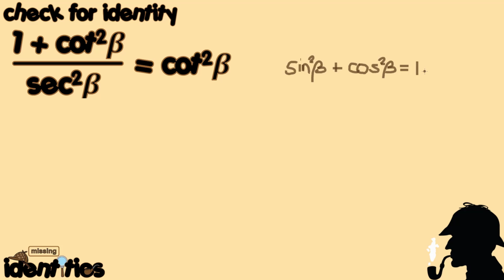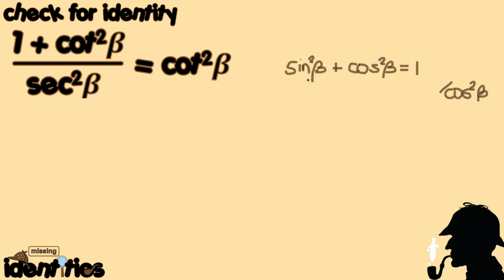The other form of this Pythagorean identity, before we start checking the identity of the given equation, is when we divide all terms here by cosine squared beta.